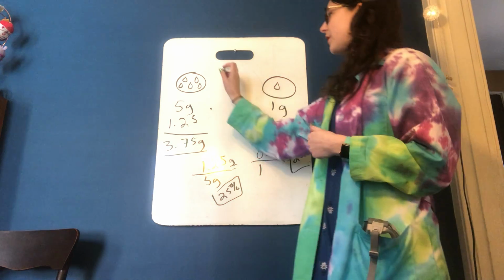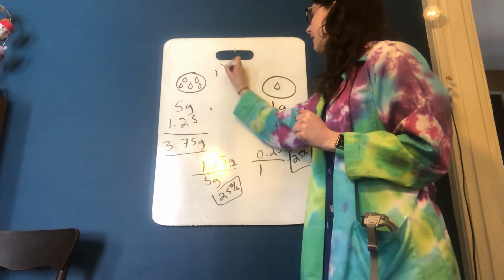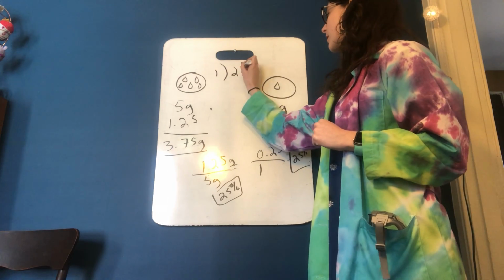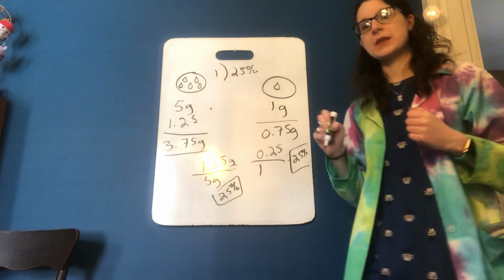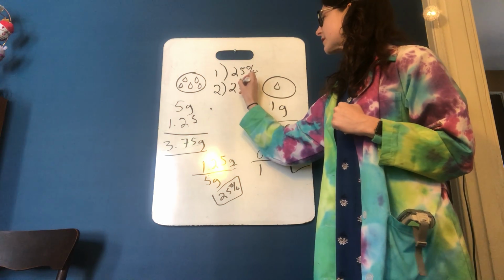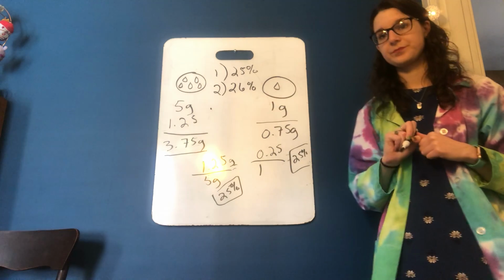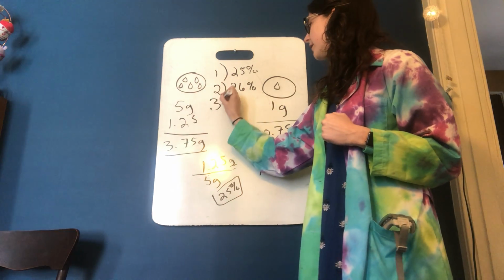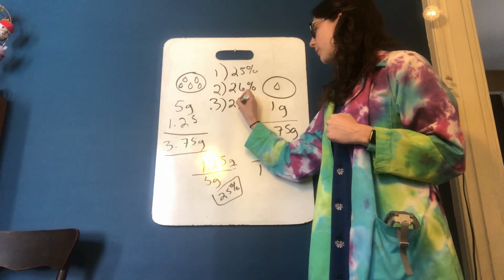So let's say in trial 1, I got 25% water. In trial 2, with the information, I got 26% water. And in trial 3, I got 24% water.